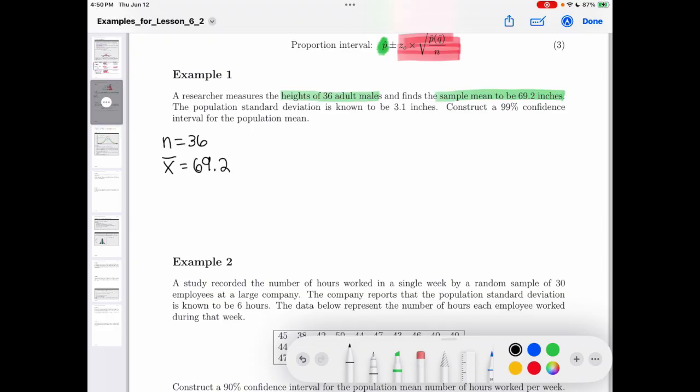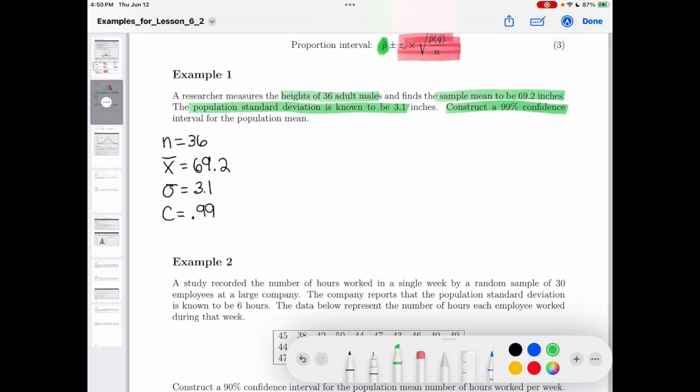We're also given the population standard deviation is 3.1. And lastly, we're told to construct a 99% confidence interval, so I'm going to say the confidence level is 0.99.